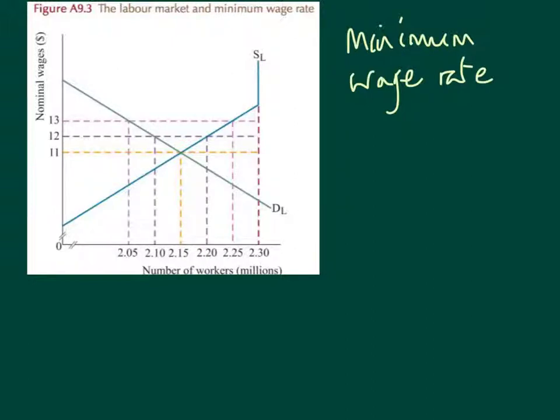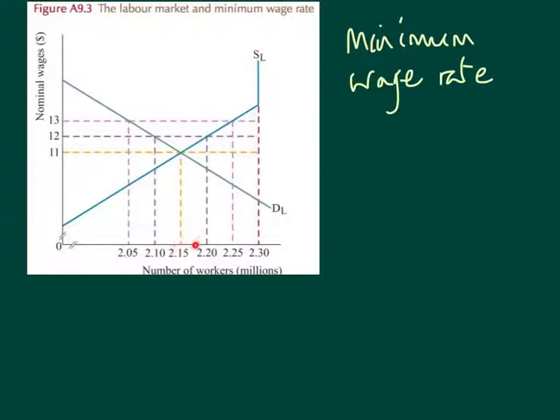So the quantity supplied of labour will be greater than the quantity demanded. If the minimum wage rate is $12 per hour, the quantity supplied of labour is 2.2 million, whereas the quantity demanded is 2.1, which gives us a surplus of labour, this quantity here.